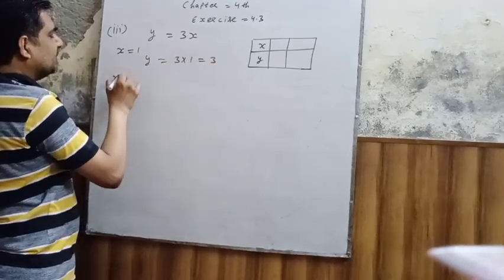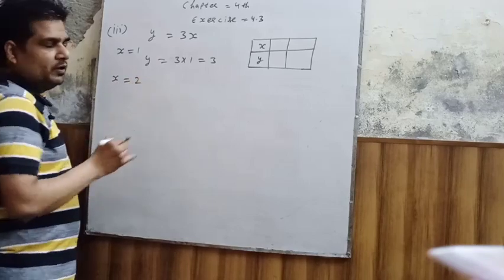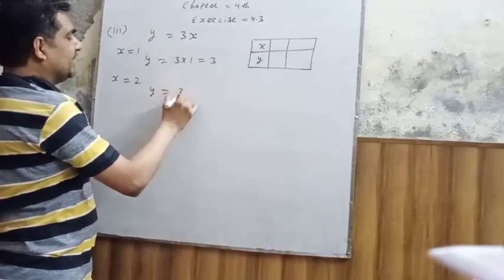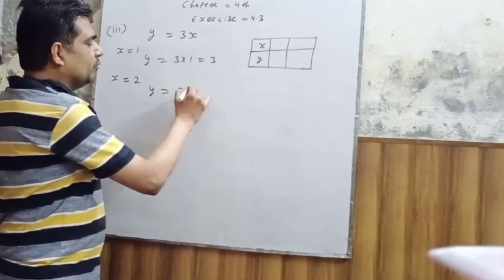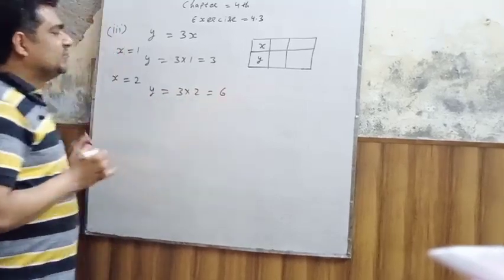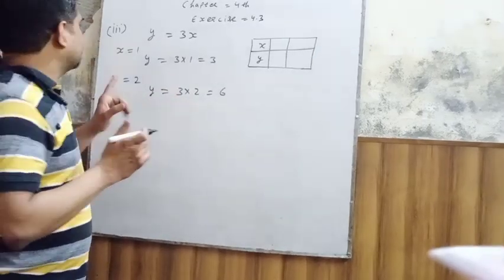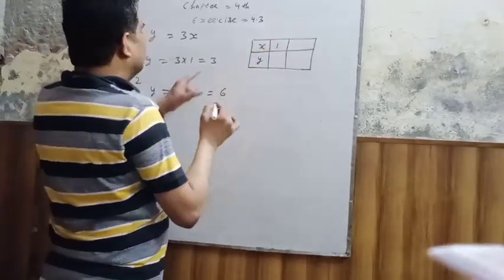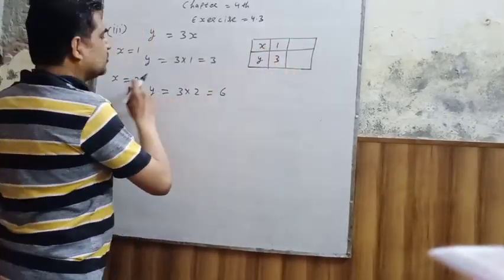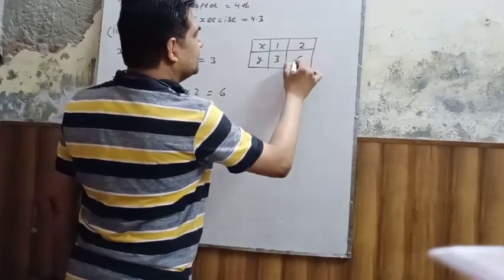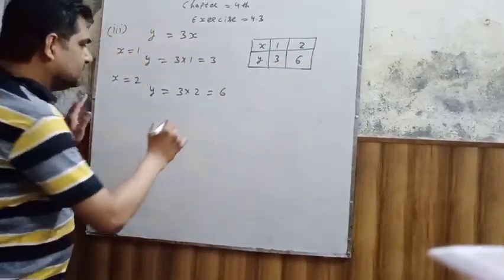Instead of x, we write 2. So y equal to 3 into 2, 6. X equal to 2, y equal to 6. X is 1, y is 3. X is 2, y is 6. Now draw the graph.